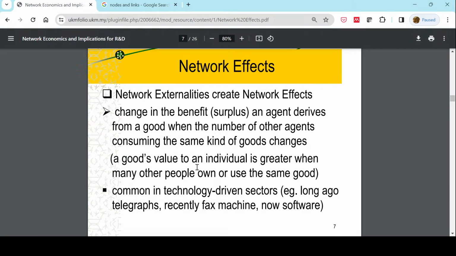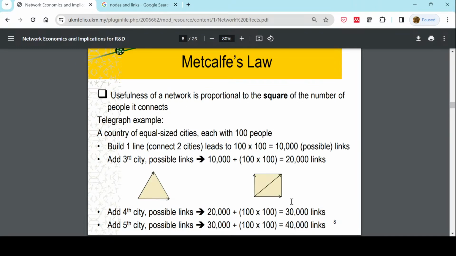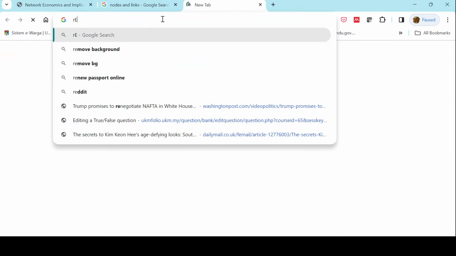All these technology-driven sectors are very relevant, where we see network effects. Because there is what we call Metcalfe's law. Who's Metcalfe? Again, MIT. Robert Metcalfe.